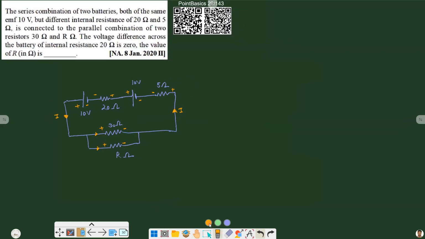So first of all, let's find out the total resistance of the circuit. Both of these are in parallel, so their total resistance will be 1 by 30 plus 1 by R, and this will give us 30R over R plus 30. So the total resistance of both of these in parallel, RT, will be 30R by R plus 30.